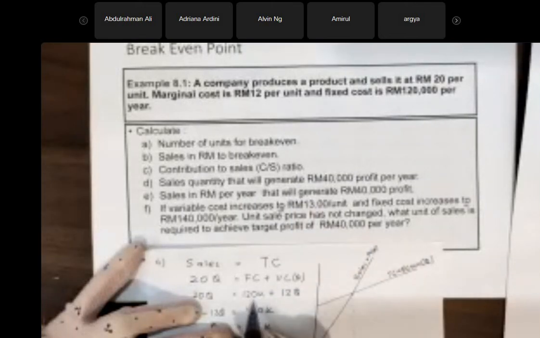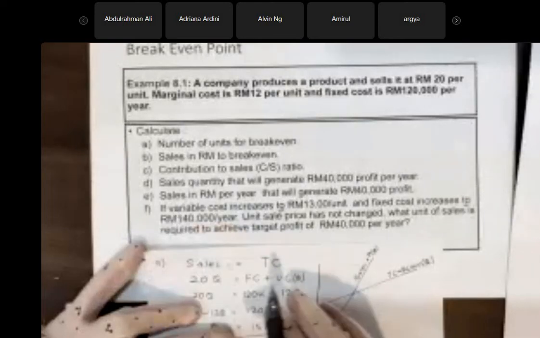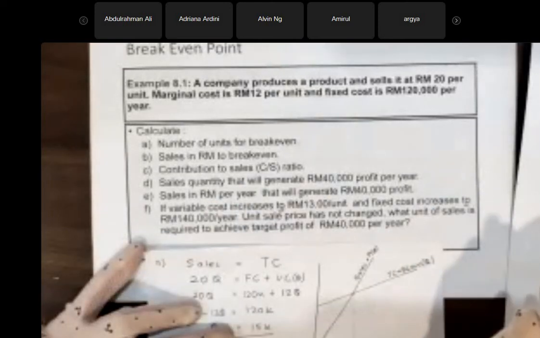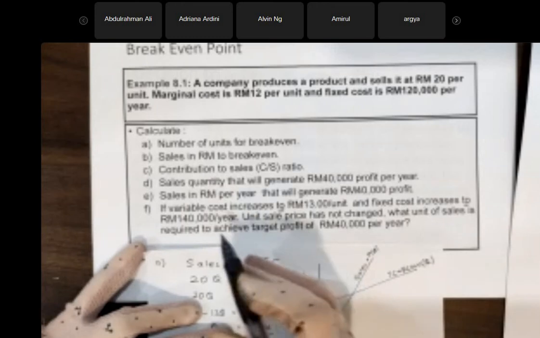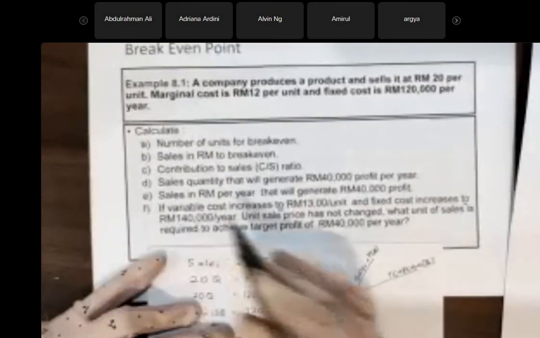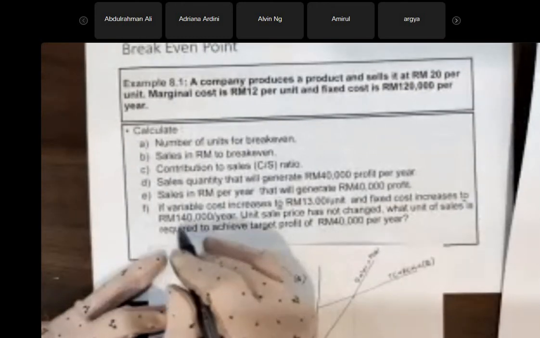This one is 120, this one is 140. How do you want to solve this? Are you going to add 140 plus 120 or just use 140?